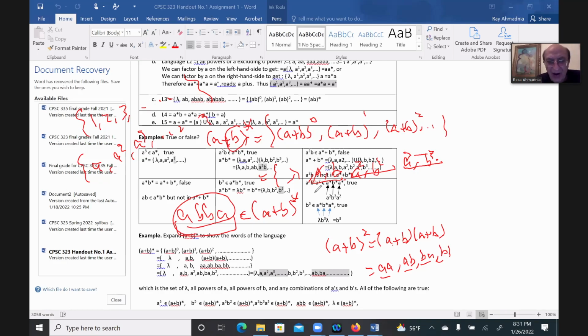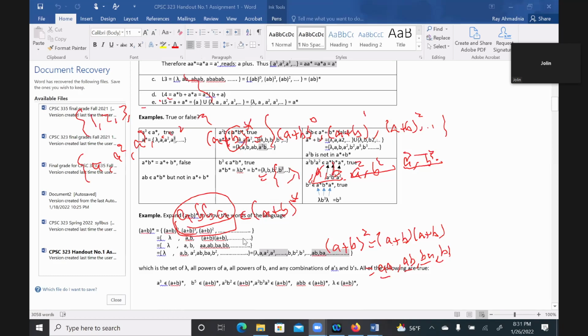These are good questions to ask here. Is a cubed a word in this one here? Yes, any power of a is a word in this one. Is b5 a word in this one here? Yes. Is all a's followed by b's a member of this one? Yes.